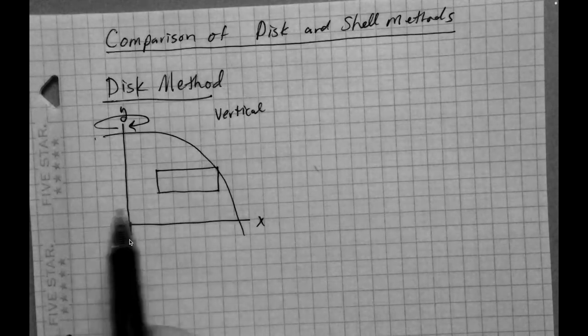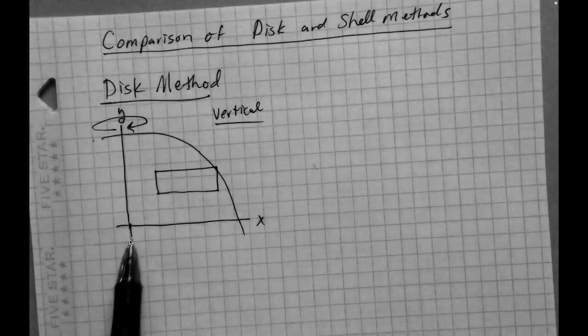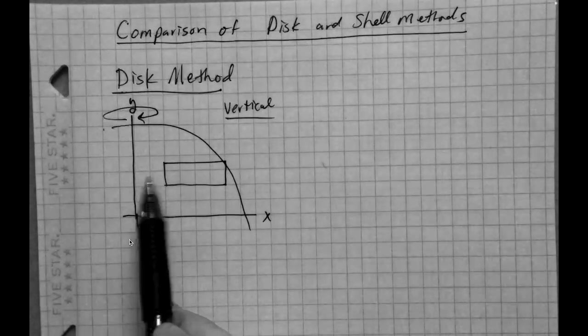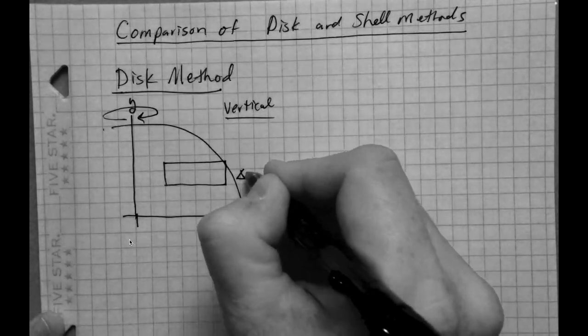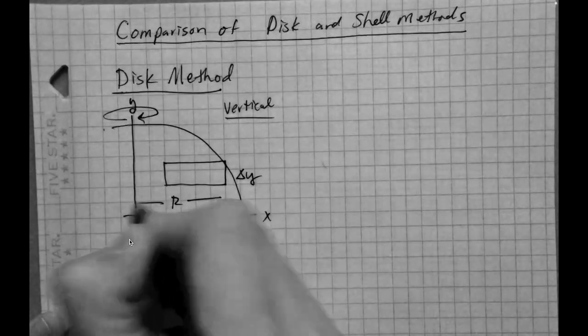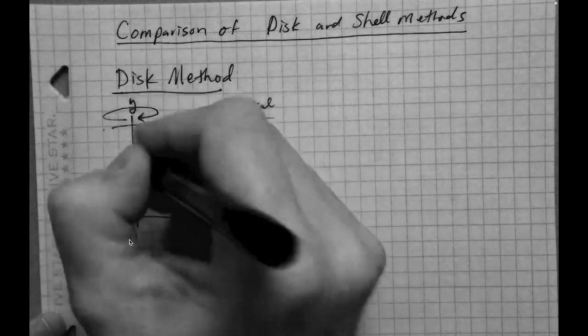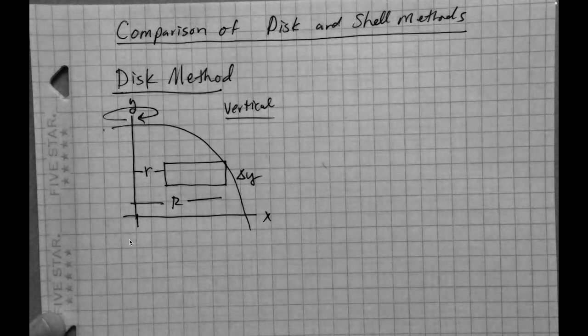representative rectangle that was perpendicular to the axis, right? So in the case of a vertical axis of revolution, that meant horizontal representative rectangles, and so that meant you would have a delta y here. You would have an outer radius, which is this distance. You would have an inner radius, which is this distance, right?